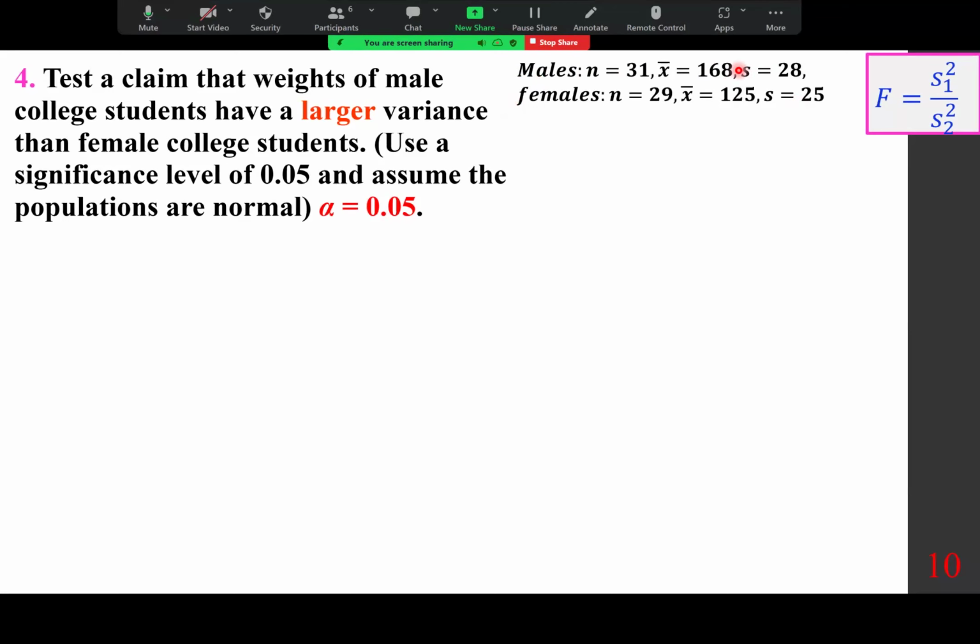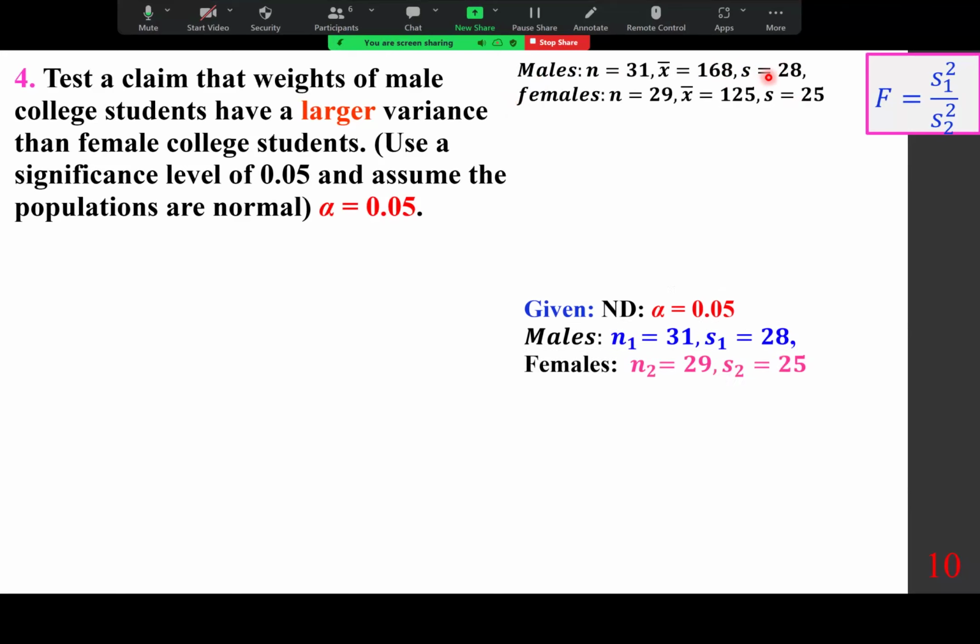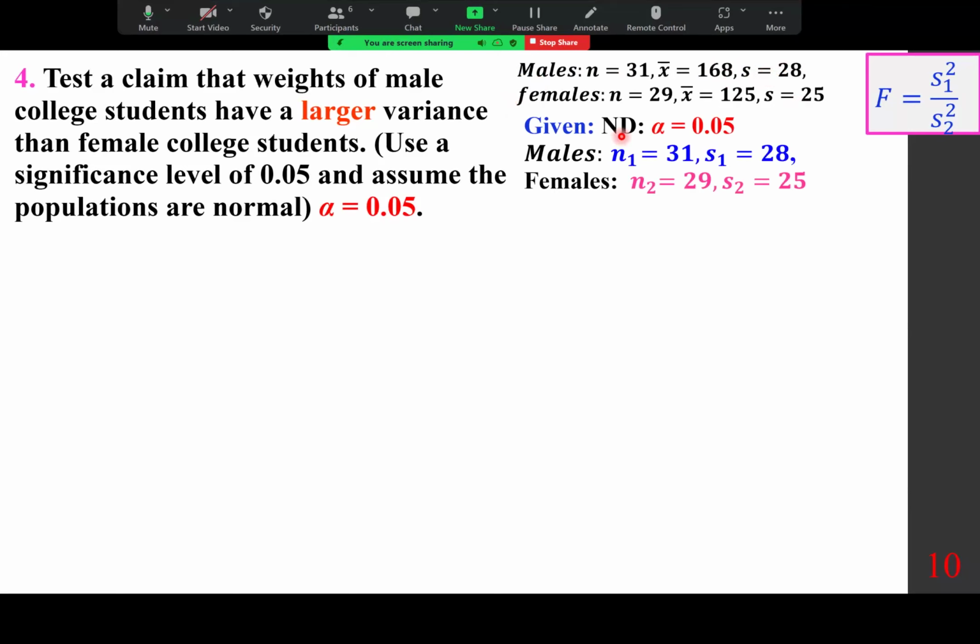The one with the larger standard deviation is your choice of being the first group. So we write normal distribution, alpha is 0.05, males would be the first group because S is larger. And you say N1 is 31, S1 is 28. Females would be the second group, N2 is 29, S2 is 25. So the larger the standard deviation, that makes it the first group.